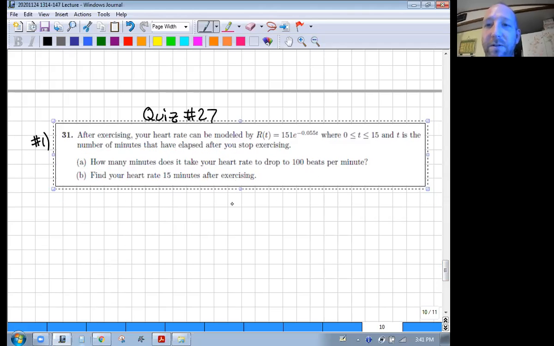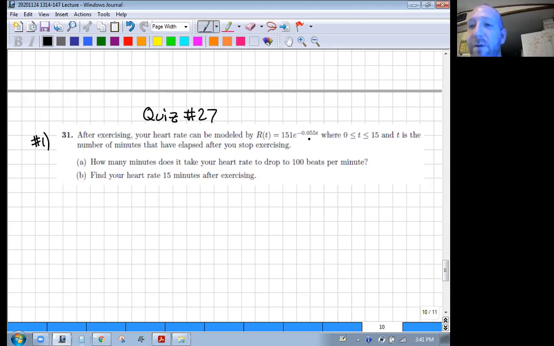After exercising, our heart rate can be modeled by this equation. T is the number of minutes that have elapsed after you've stopped exercising. How many minutes does it take your heart rate to drop to 100 beats per minute?